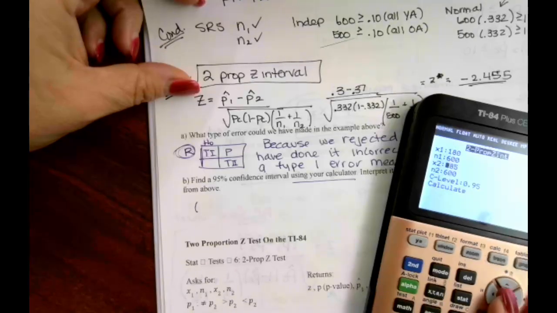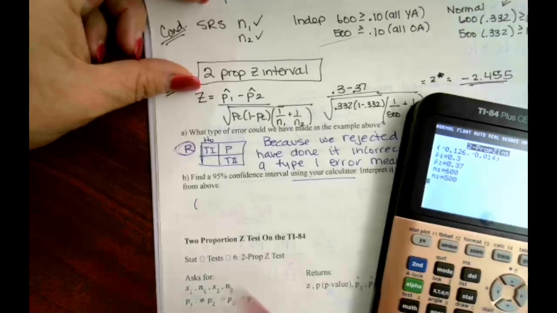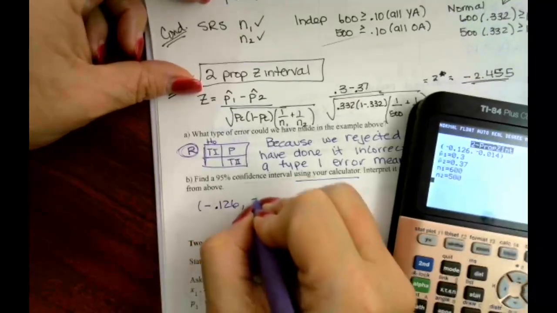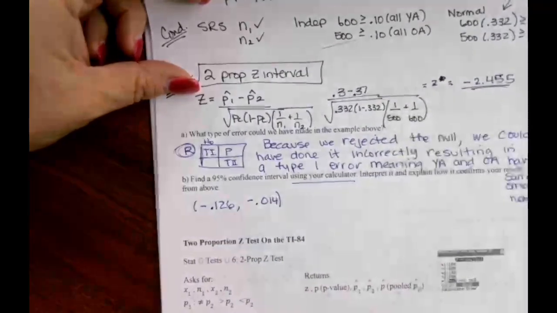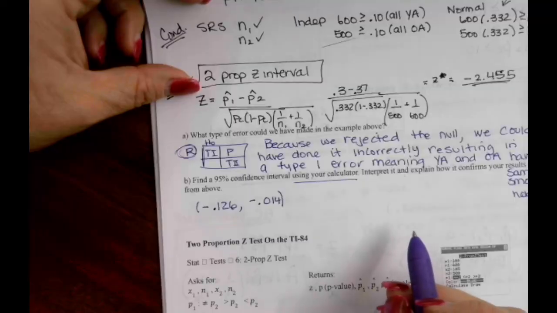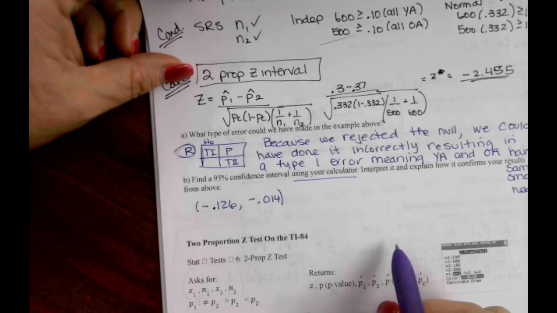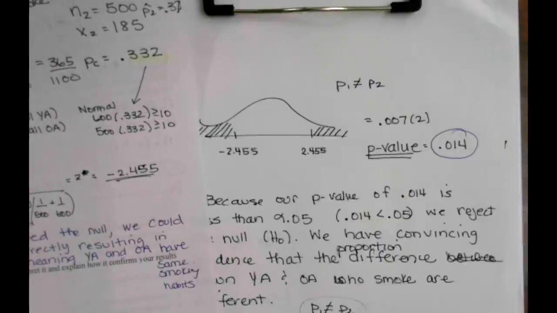Oh, that's why. 180, 500. There we go. Ah, that's better. Negative 0.126 and negative 0.014. Okay, now remember that our value that we were looking for here when we calculated all of this out was 0.014. This was my p-value.